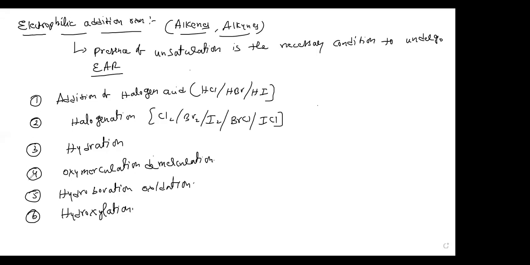So let us discuss all these electrophilic addition reactions. This is what we are going to discuss for the first 45 minutes of the class. Then I will be discussing some part of the physical content because it is an introductory class.